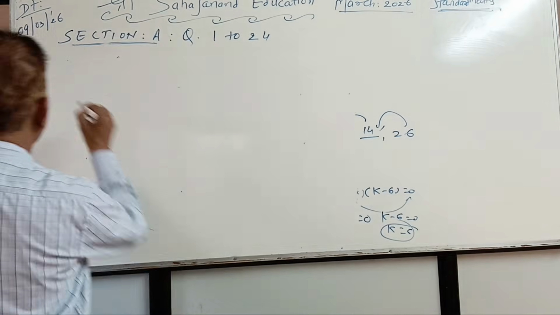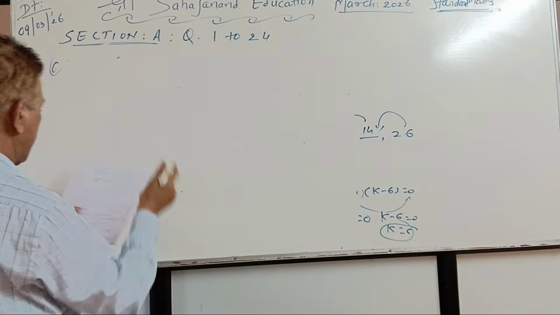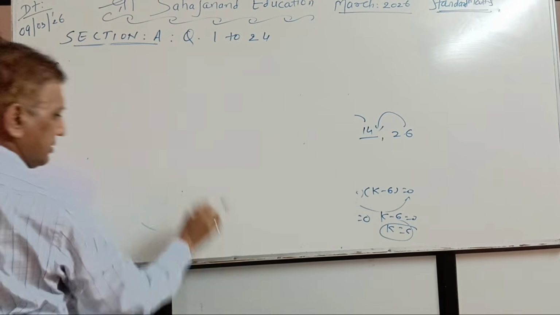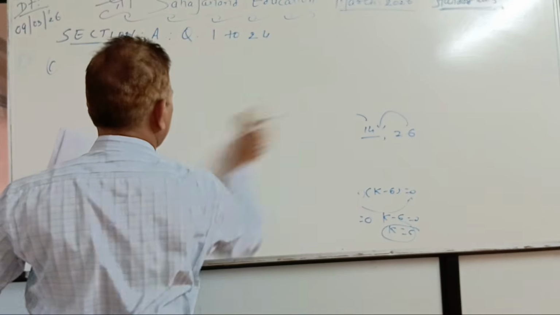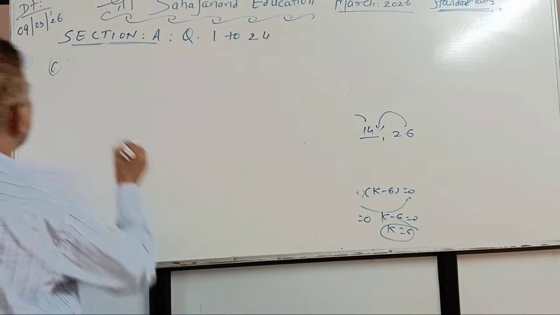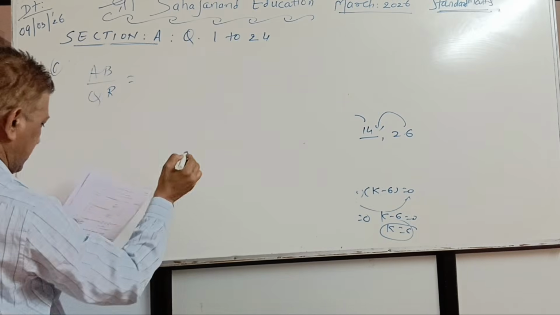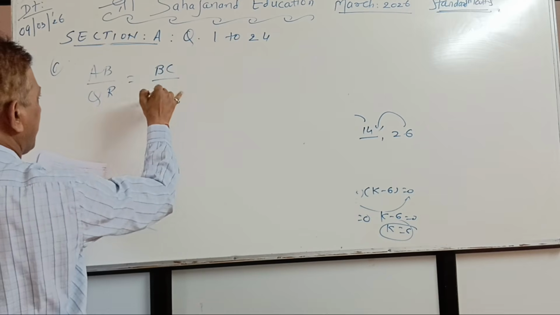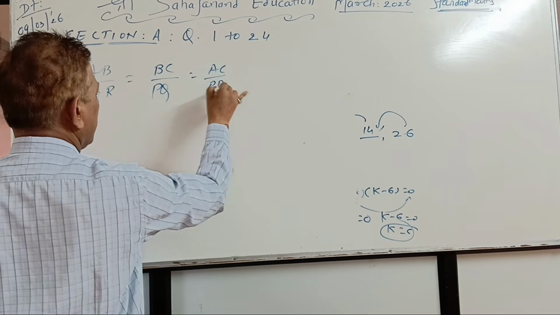Okay, now the sixth number. AD upon QR equal to BC upon PQ equal to AC upon PR.